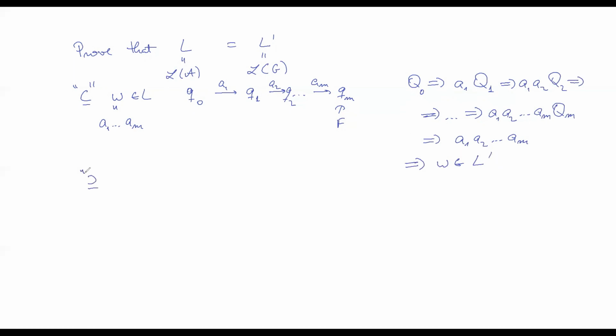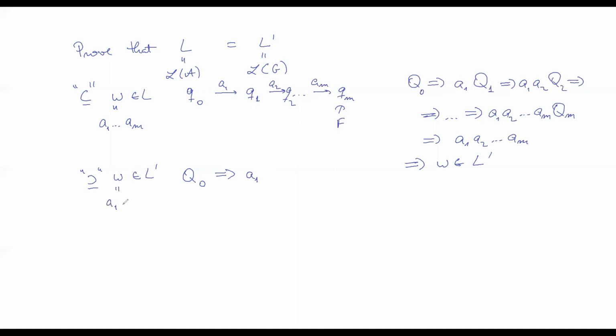And the other way around is completely similar. So if I take W from L prime, meaning that there is a derivation in grammar G, it always starts from Q0, and really you only have productions of this type that just introduce the letters of W one by one.